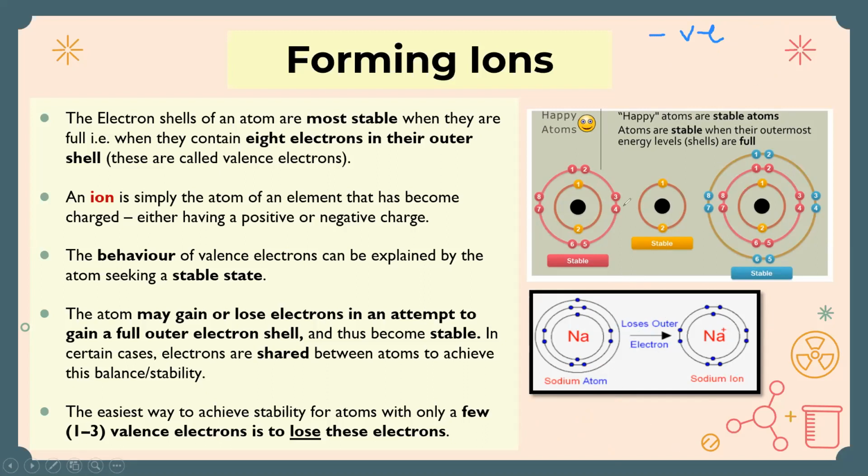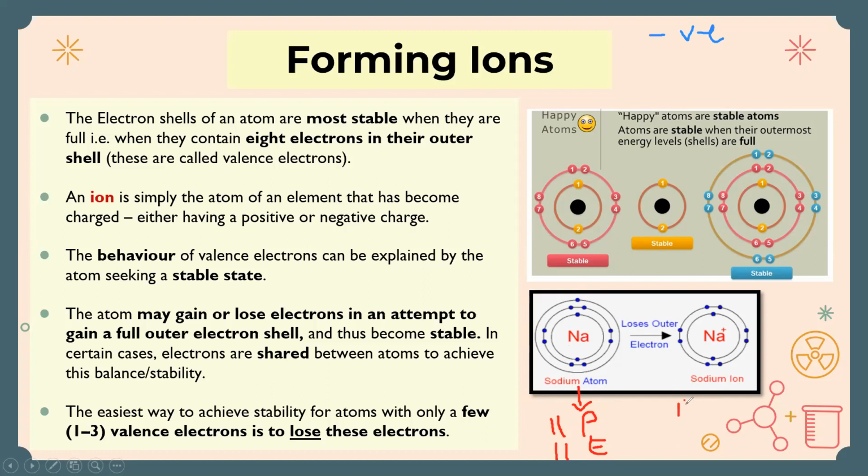So if we look at sodium here, for example, sodium has an atomic number of 11. In a normal sodium atom, you should have 11, I'm going to write 11p for protons, and 11 electrons. That's equal. But in the sodium ion, this atom gives away one of its electrons to another element.